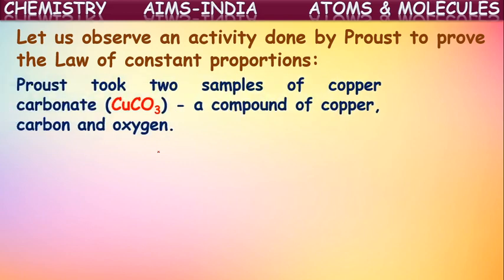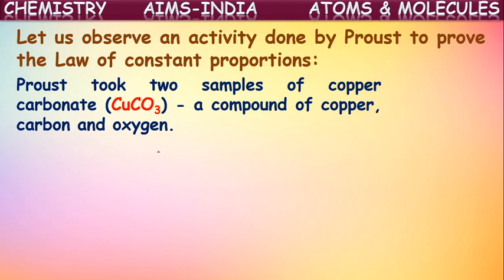So what did he do? He took two samples of copper carbonate. Its chemical formula is CuCO3. Copper carbonate is a compound of copper, carbon, and oxygen.